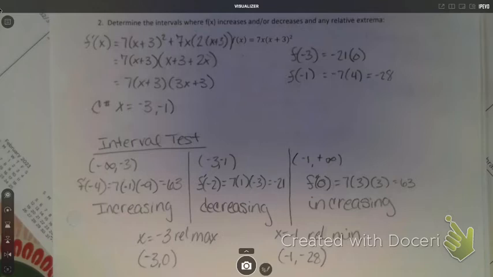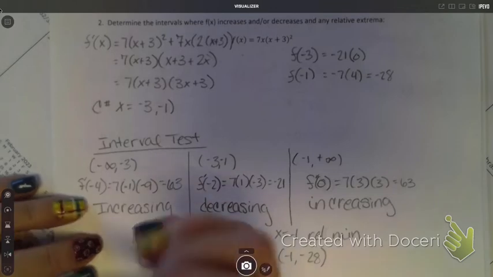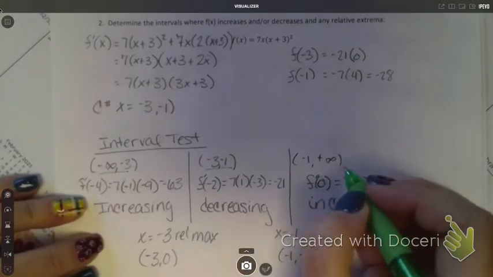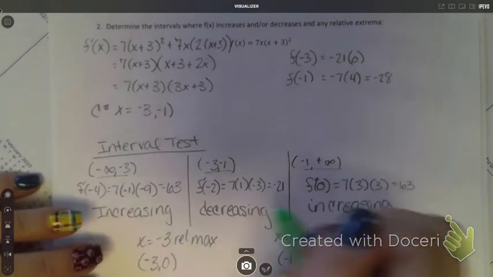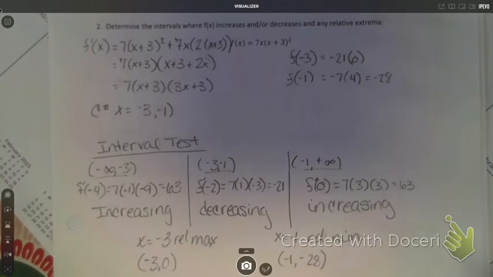How did that go? I had some of the wrong numbers, but I still had the right increasing and decreasing. Right. You don't have to use -4, that's just what I used. The only thing you have to have are these intervals. Those intervals are set, but those are the numbers I chose to test. Well, I messed up the derivative. But if I had used my derivative, I did the part you're testing on correctly.